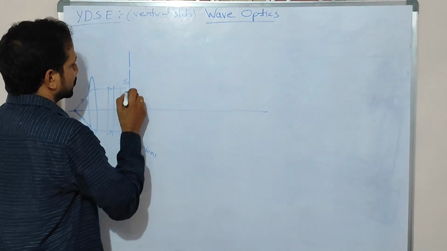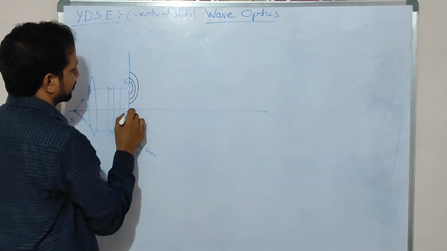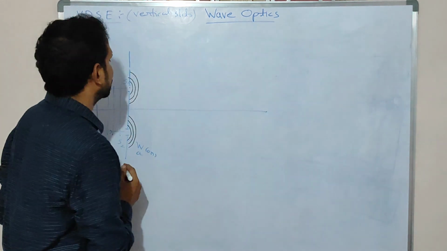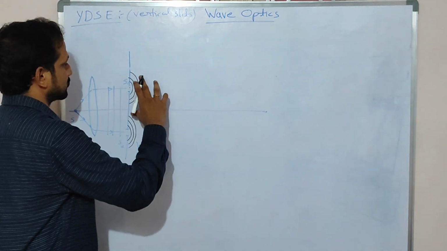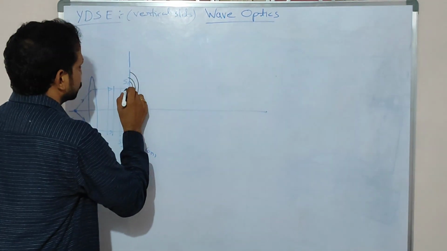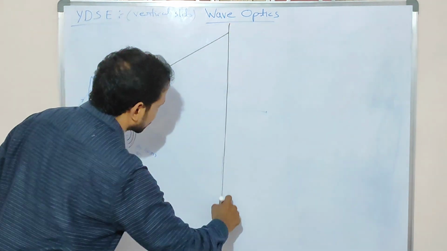So from here the light wave will travel like this. I will not draw the total pattern here because we are interested in the location of the fringes. This wave may go, and a screen is placed over here.